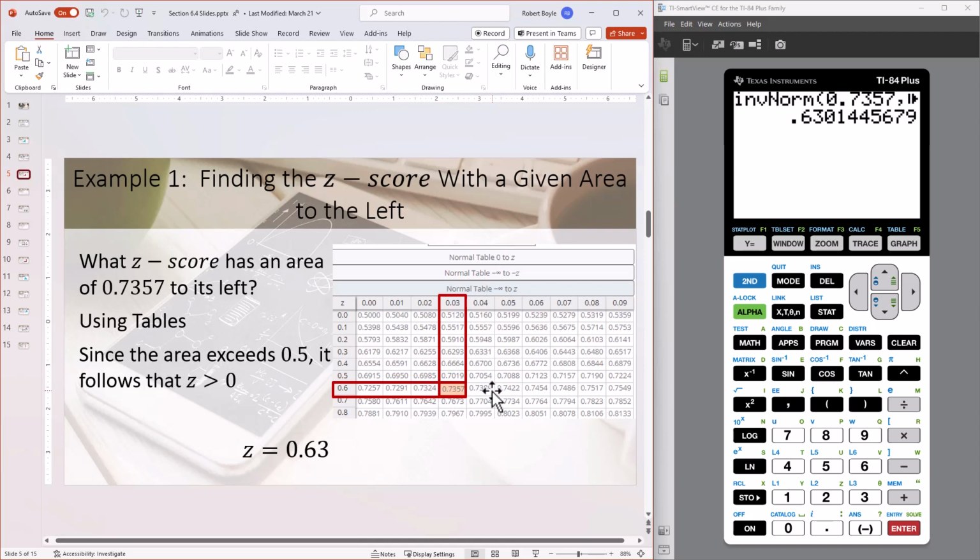If it's too high, you just need to move back. Once you find it in the interior of the table, you can use this column to figure out your 10th place, this row to figure out your 10th place, and then this column to figure out your 100th place. So this will be 0.63, which of course will be the exact same answer.